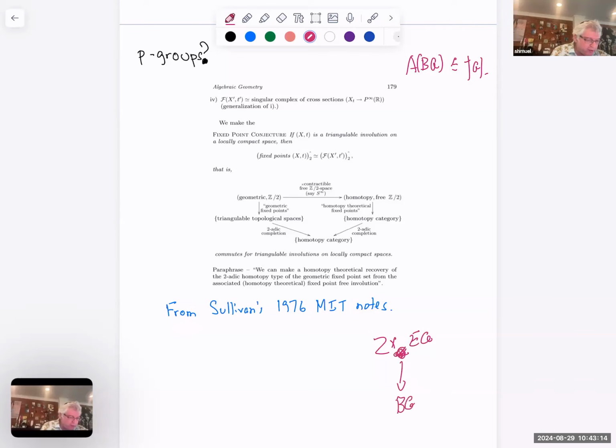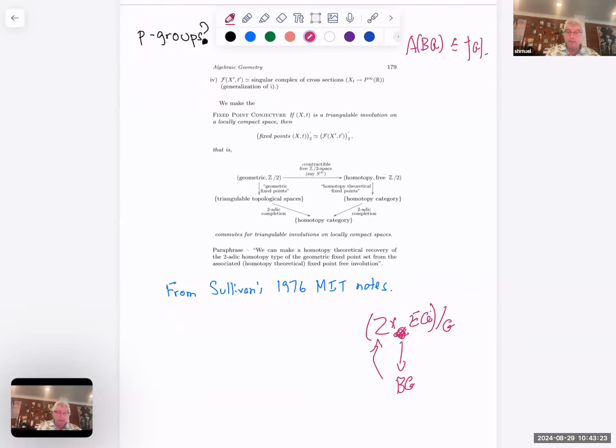You've freed it up, and then you ask about the sections. This is what people call the homotopy fixed set, by definition Z^{hG}.